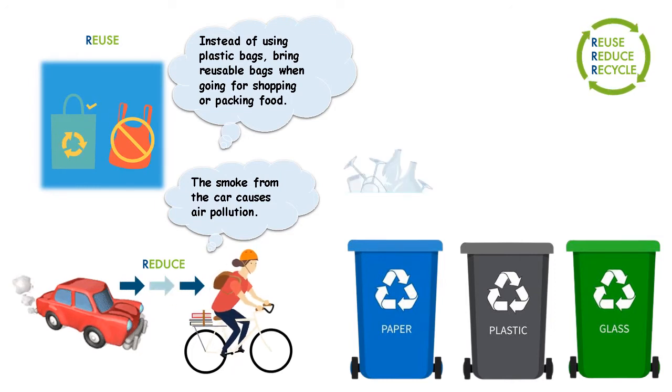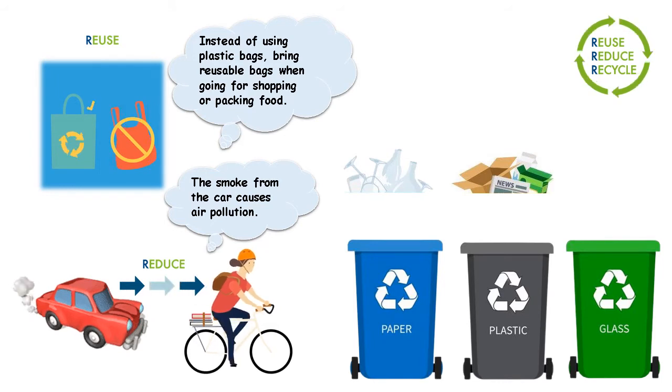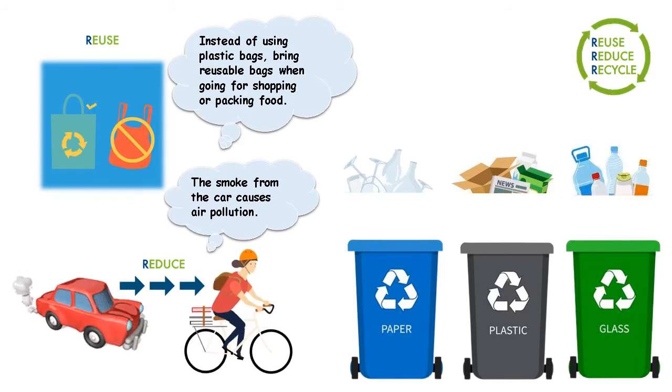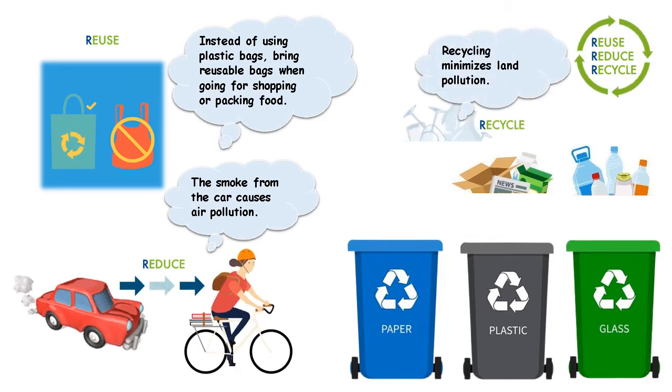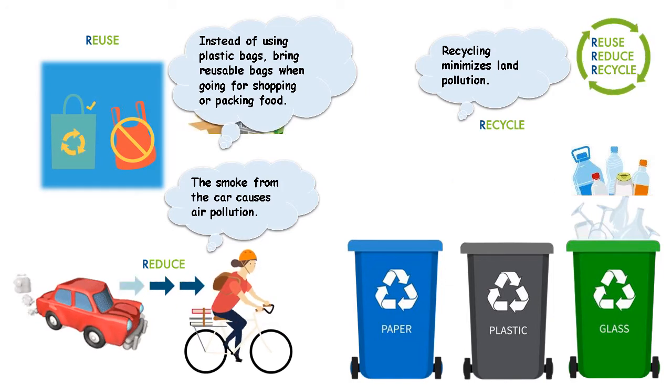So, where do these glass cups and bottles, cardboards and newspapers, and plastic bottles go? Let's see. Well done! The glass cups and bottles will go into the green recycle bin, which is called glass.